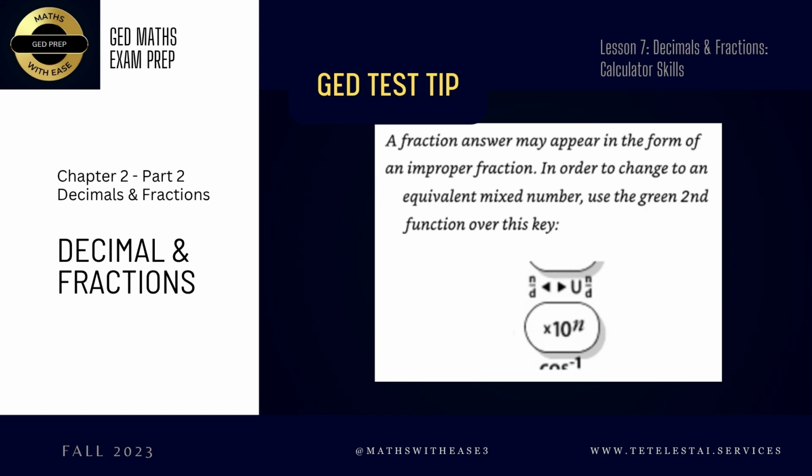So a fractional answer can appear in the form of an improper fraction, and in order to change to an equivalent mixed number, you can use the second function over this key right here.